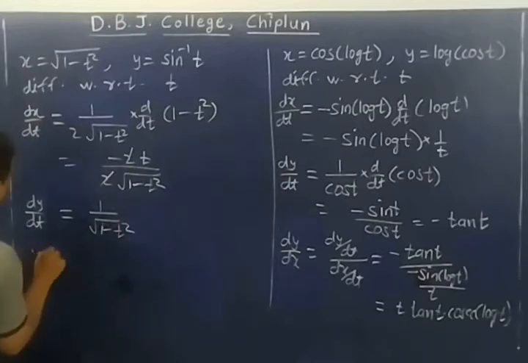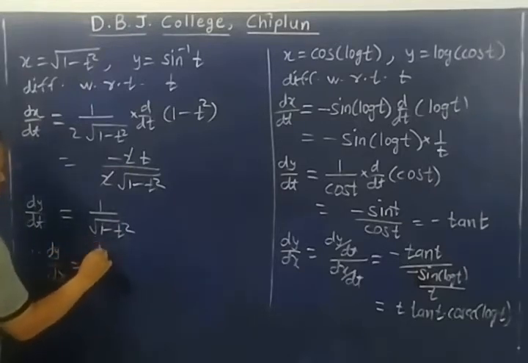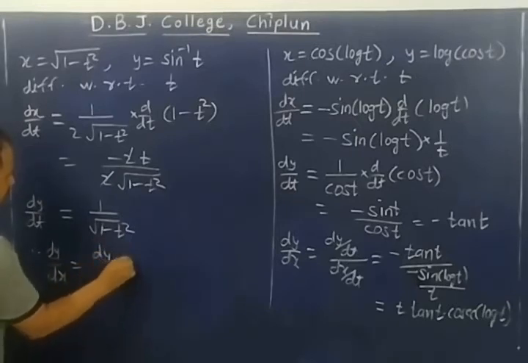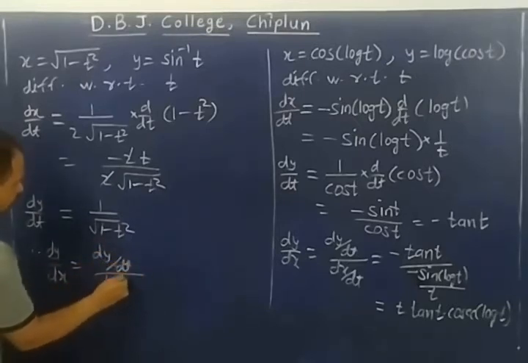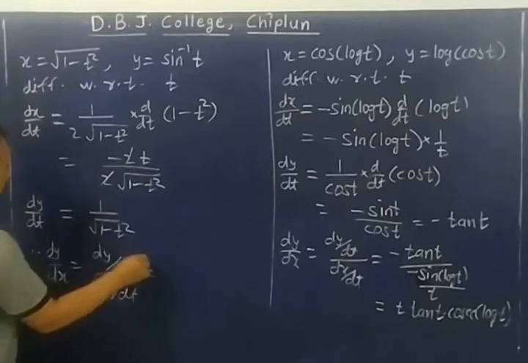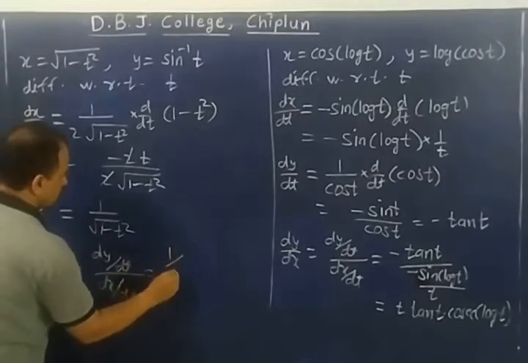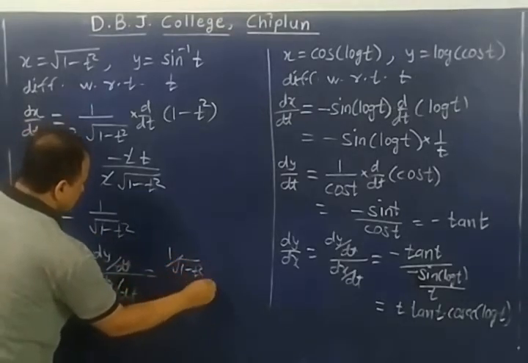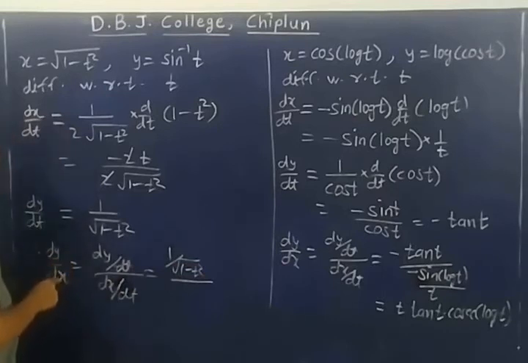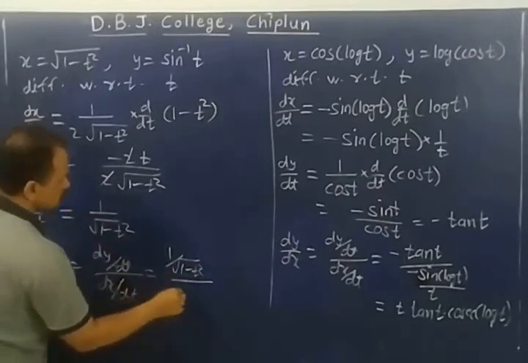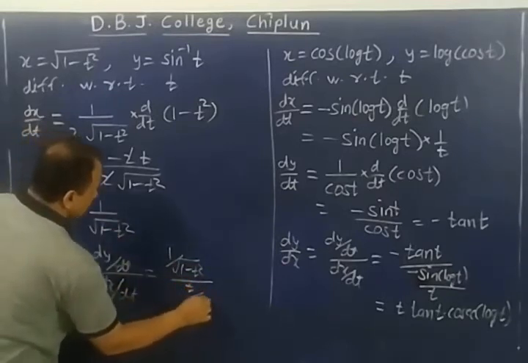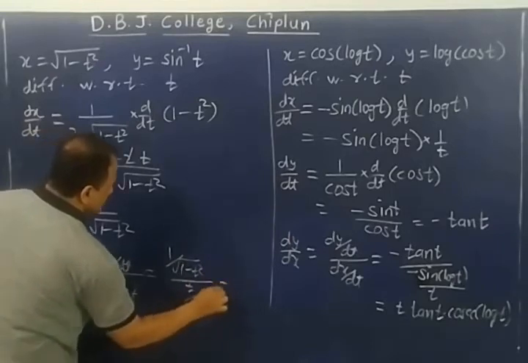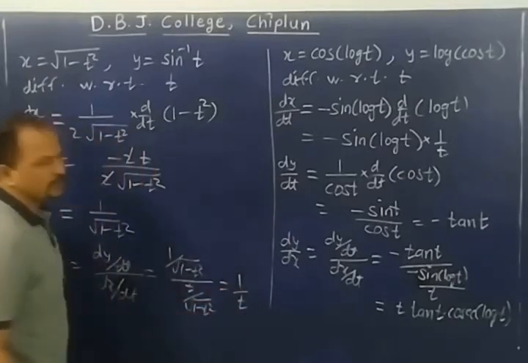And therefore dy by dx is dy by dt upon dx by dt. dy by dt is 1 upon under root 1 minus t square and dx by dt is minus t upon under root 1 minus t square. So answer is minus 1 upon t.